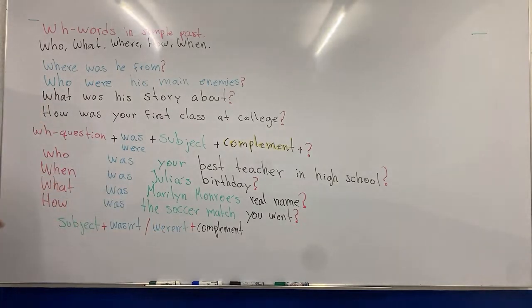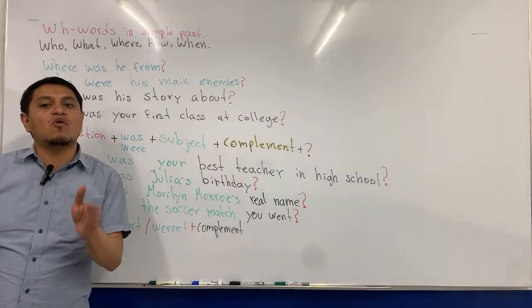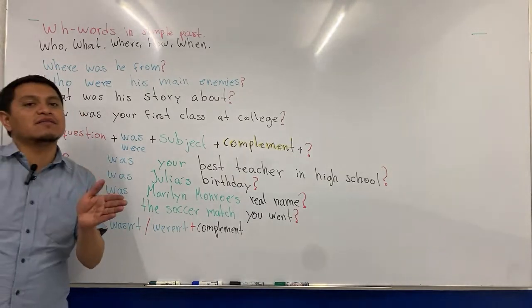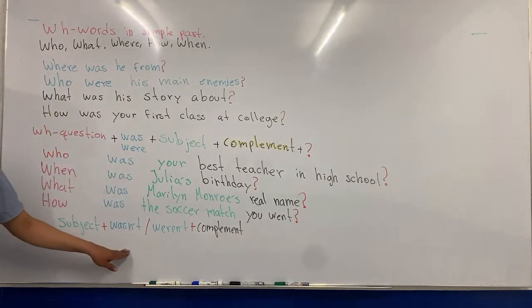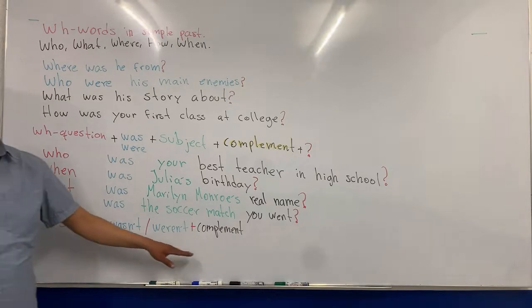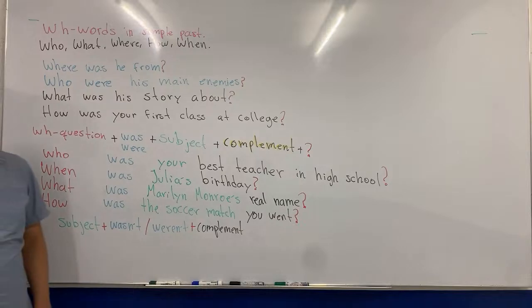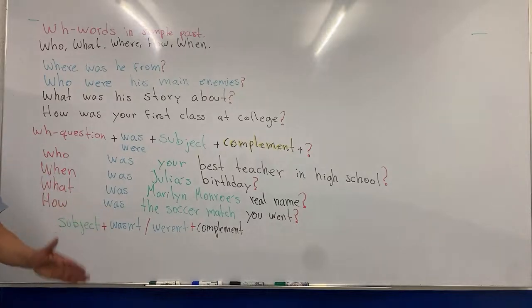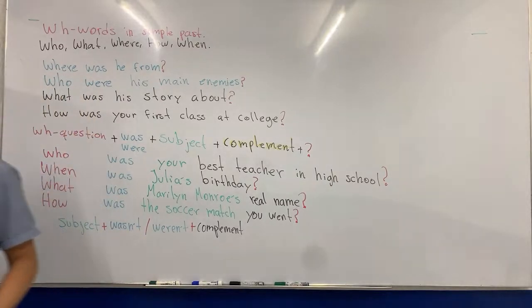What was Marilyn Monroe's real name? Her real name was Norma Jean Baker. It wasn't Alana Parker, right? And the last, how was the soccer match you went to? It was boring. It wasn't exciting, right? Please take note of this knowledge.